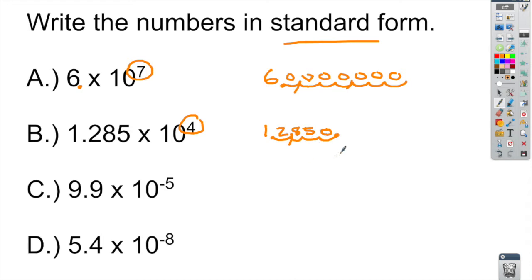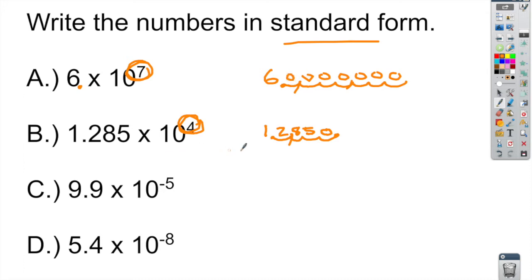Now, it's at this point I'd like you to make a mental note to yourself, and you might want to even put this down in your notes, that this number, the exponent, is about how many places you shift the decimal. Okay, do not ever, ever, ever equate this to how many zeros are in the problem. Because notice here, in this case, it was a single digit 6. We moved the decimal 7 places, and we filled those 7 places in with zeros.